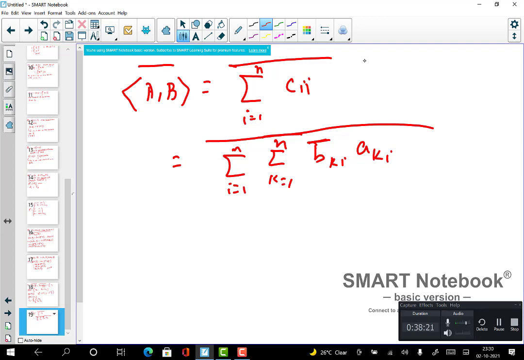Now in the double sum you see that this is the sum over k and i, right? Now because of the norm, we can take the norm inside, so i equal to 1 to n and k equal to 1 to n, so this becomes bki into aki bar, right? bki into aki bar, right?